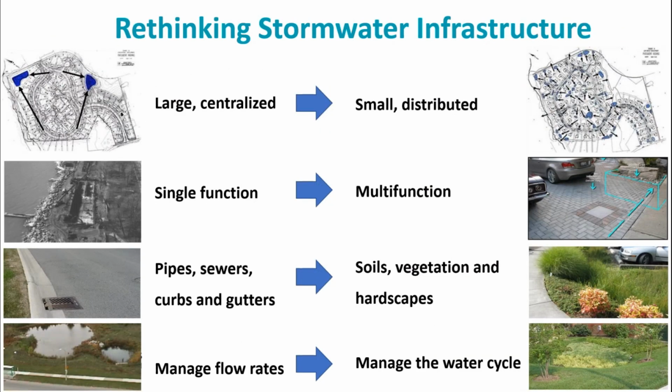So we're really rethinking stormwater infrastructure as we talk about the implementation of LID. We talked about the former large centralized approaches of just using stormwater management ponds in a traditional new development of a subdivision. We want to go to small distributed areas. You can still have larger stormwater management ponds in areas, but you're reducing this area.